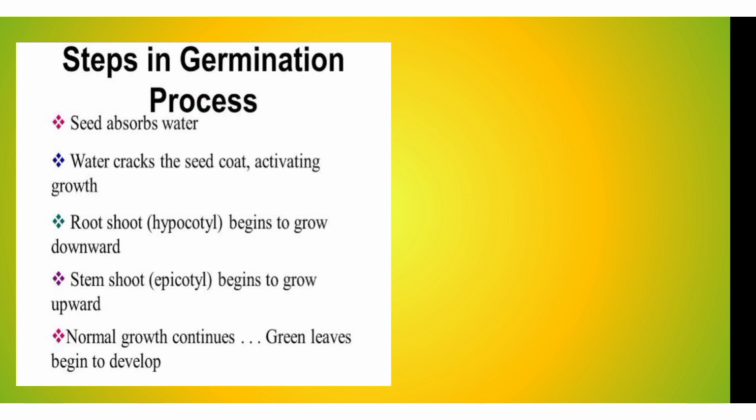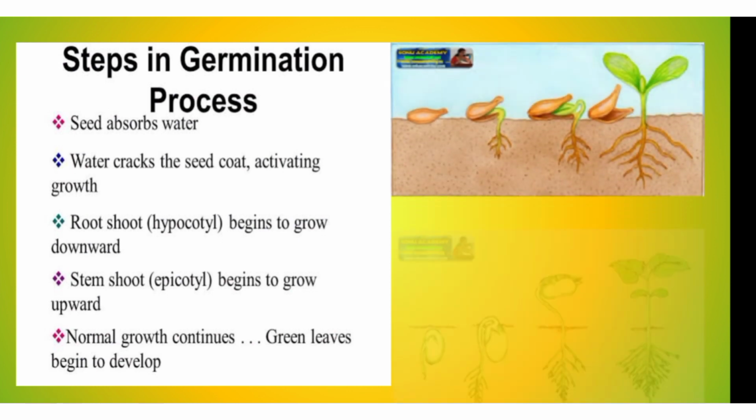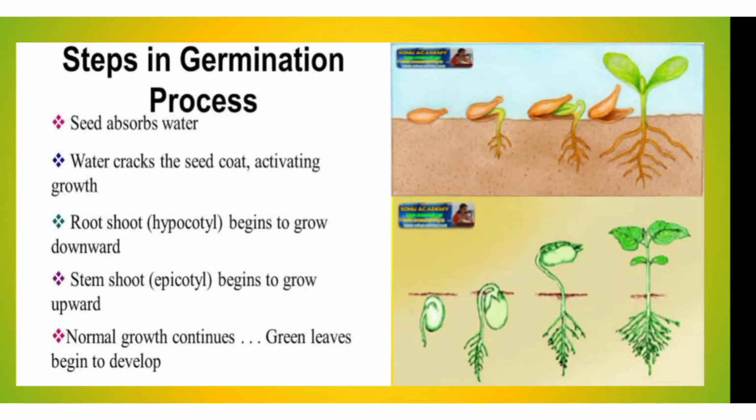The stem shoot or the epicotyl begins to grow upward. So normally, growth continues and green leaves begin to develop. First picture is the hypocotyl and the last picture is the epicotyl.